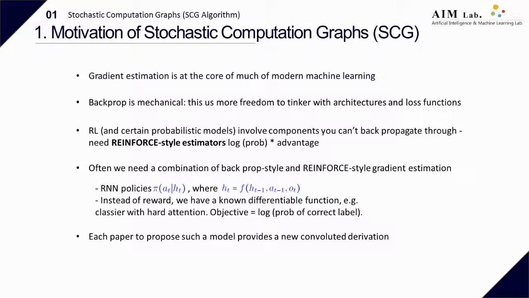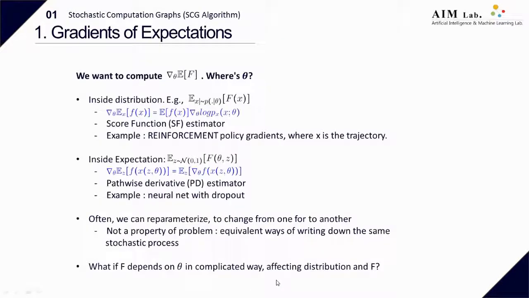In this case, the reward has some structure which we cannot look inside. There are many papers which apply one or two estimation techniques. Each paper has its own convoluted derivation of the gradient estimator, but we will see a general framework first.